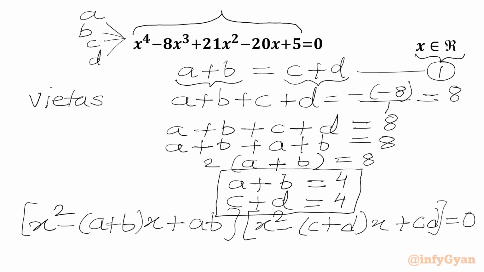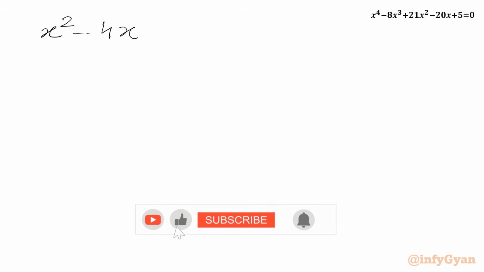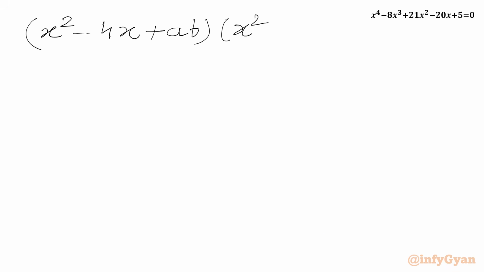Now we have a plus b as 4, so here we are going to replace it with 4, and c plus d also 4. So we will get x square minus 4x plus ab times x square minus 4x plus cd equal to 0.